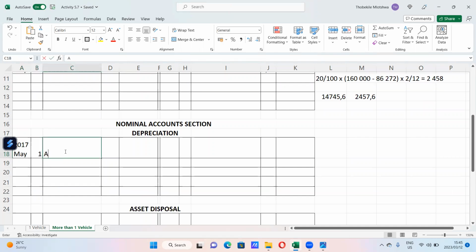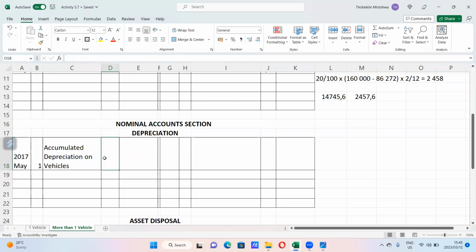So when we debit, our contra account is accumulated depreciation on vehicles, and then you would still report that in the GJ. So GJ, and it's going to be 2,458. Going to do that. And then is double entry complete? No, it's not complete. So if we are going to debit it here, then we need to credit it in the accumulated depreciation.